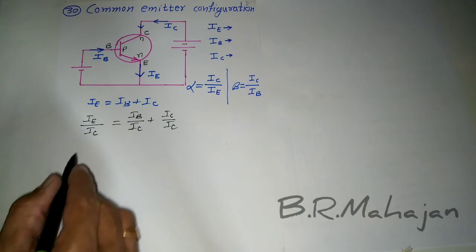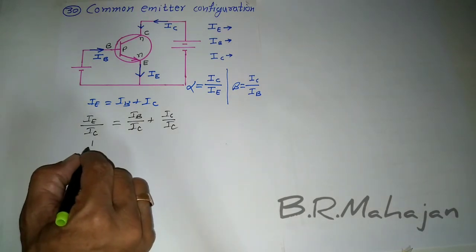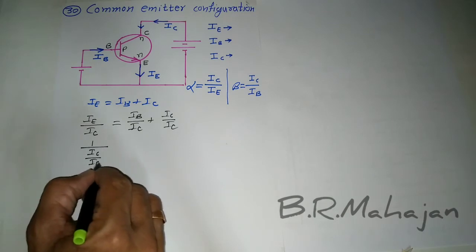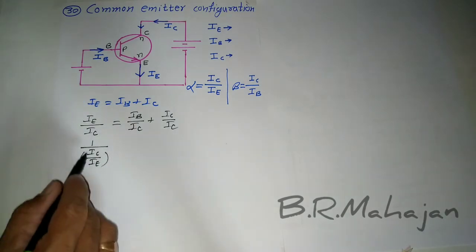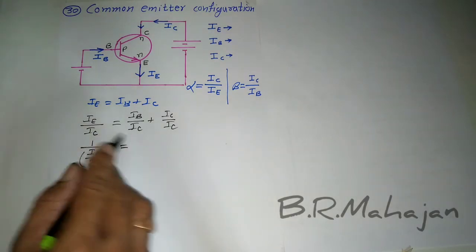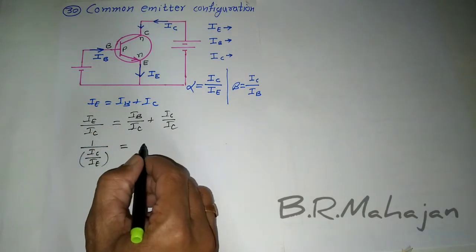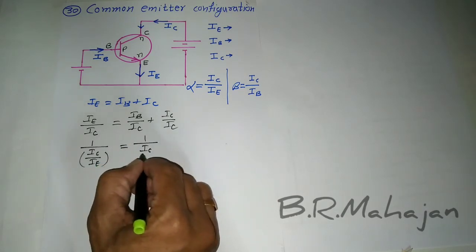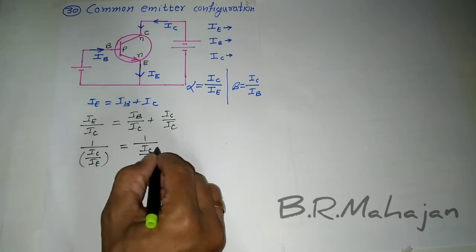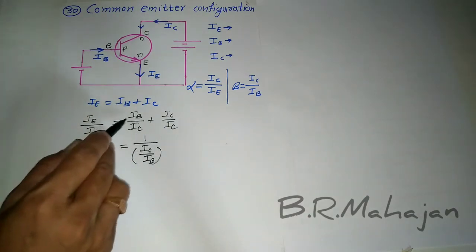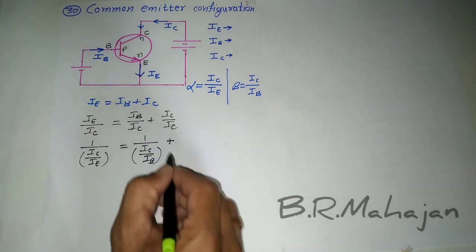IE upon IC can be written in this way: 1 upon IC upon IE. 1 upon IC upon IE means IE upon IC, the previous one. IB upon IC can be written in this fashion: 1 upon IC upon IB. 1 upon IC upon IB means IB upon IC, the same thing.